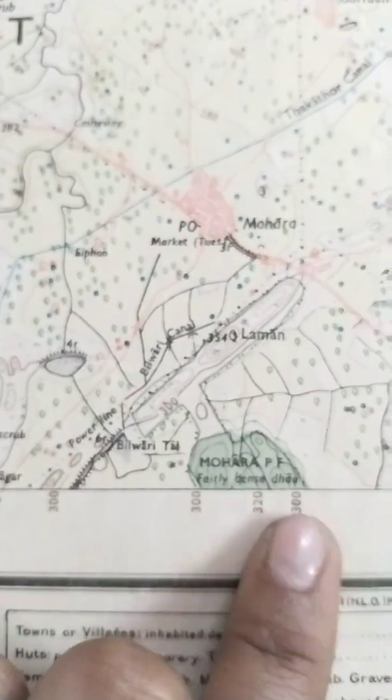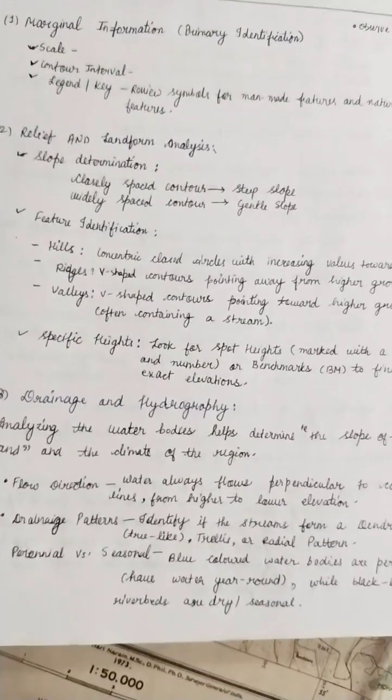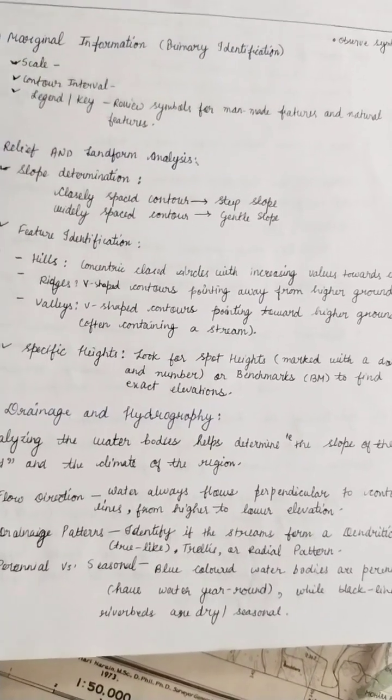So what we can interpret is that the relief is downwards. From here to here, it is a decreasing slope. Similarly, you can note these other points down, and when you get a topo sheet, you consider these points and interpret or read it.